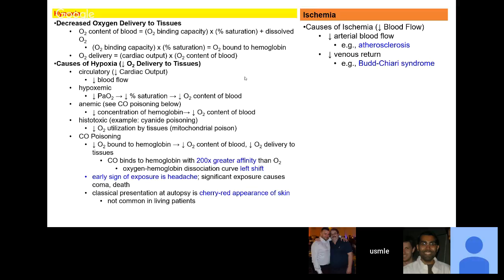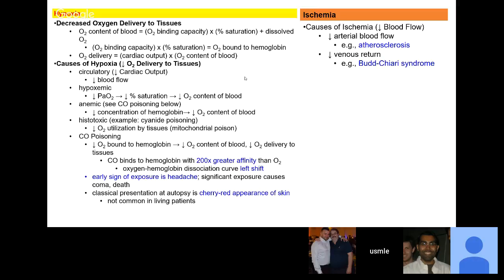So what are the causes of hypoxia? Once again, like I said, it can be either the red cells, the heart, or the blood vessels. So anything that has to do with blockage, atherosclerotic plaque, emboli, stenosis, all these are going to increase the hypoxia to the tissue. And they all lead you to ischemia, and ischemia can lead you to necrosis.